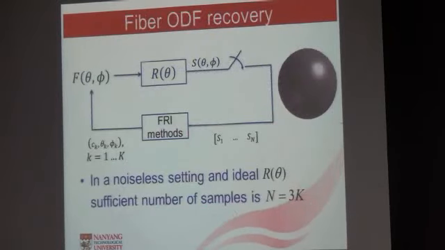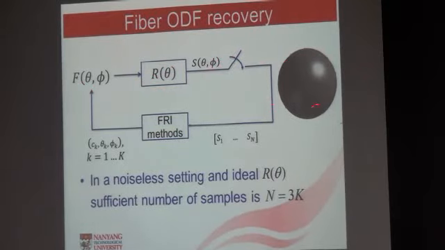Okay, so how do we put it in the framework of FRI? Well, this is the fiber ODF signal that we modeled as a stream of Diracs, and we simply do a spherical convolution with r theta, and this is going to give you something on a sphere.